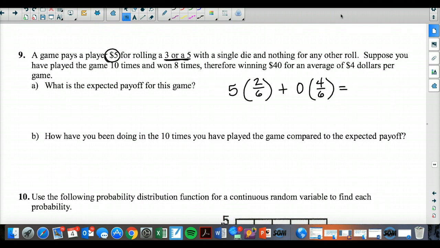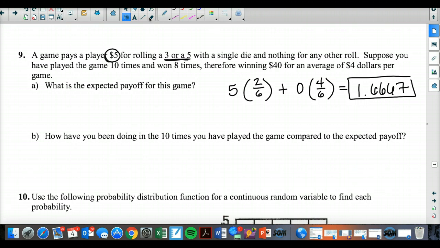So our expected outcome is 5/6. Nope, sorry, 5/3. So it's 10/6, which is 1.67. I'm going to do 1.667 because remember, you're not really supposed to be rounding this.